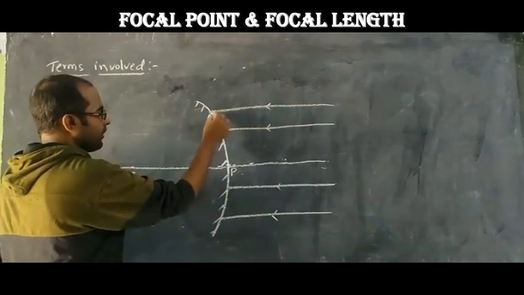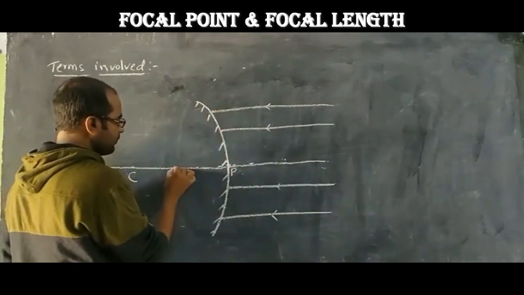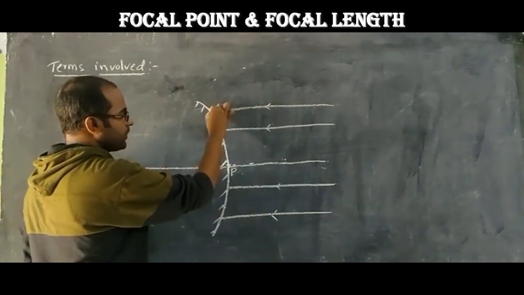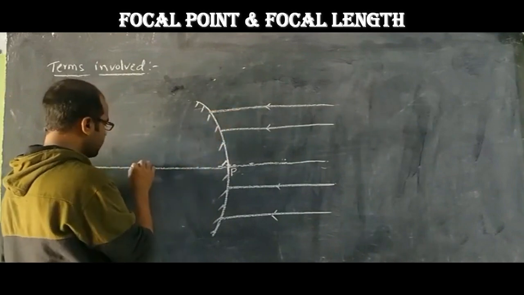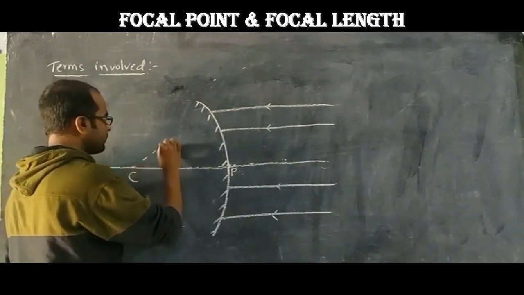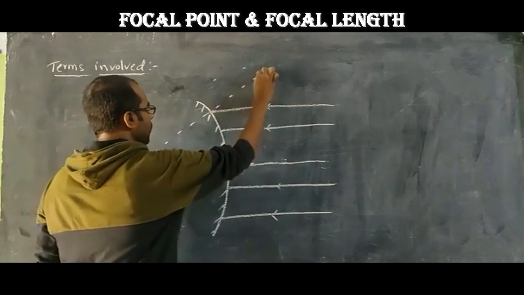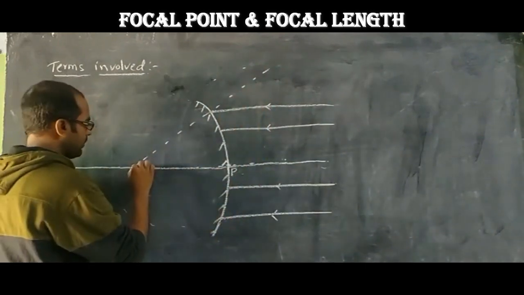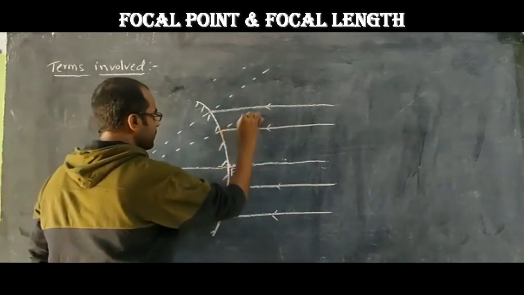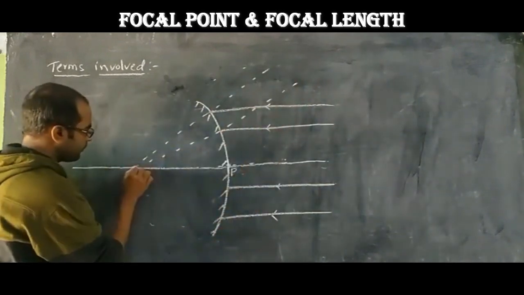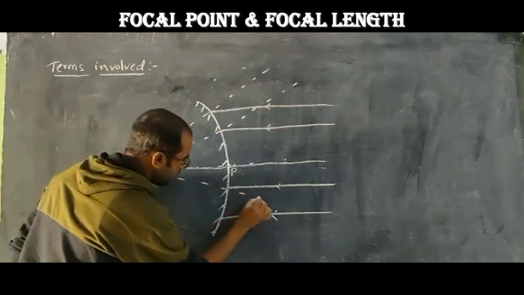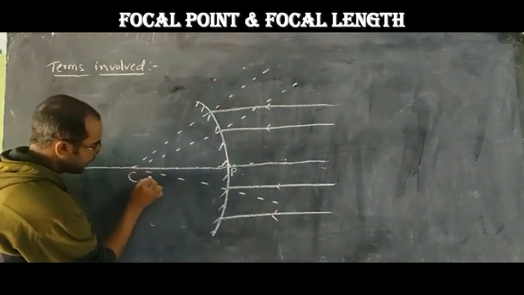If this is the incident ray, let us draw the normal for this. This is the normal at this point, it is the normal, and here it is the normal.